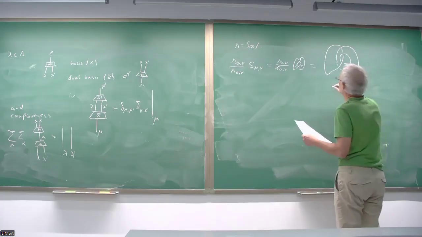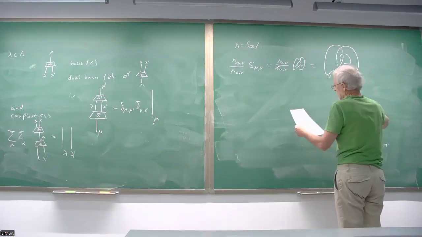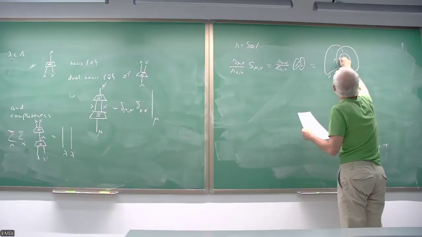So we have mu here, and mu and lambda here.